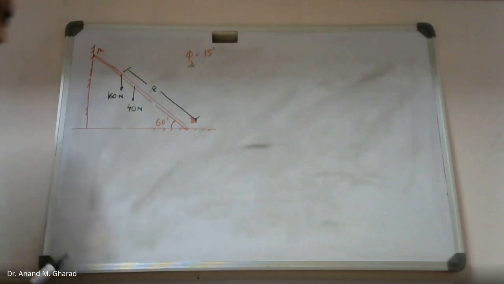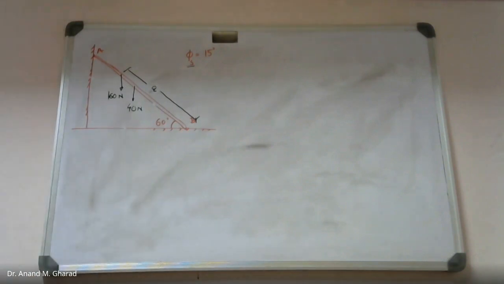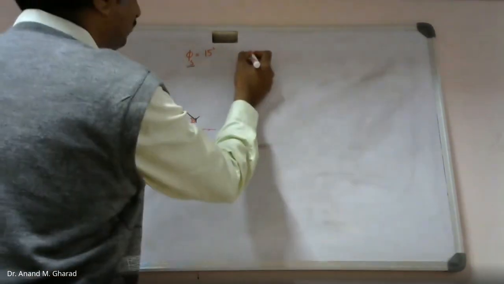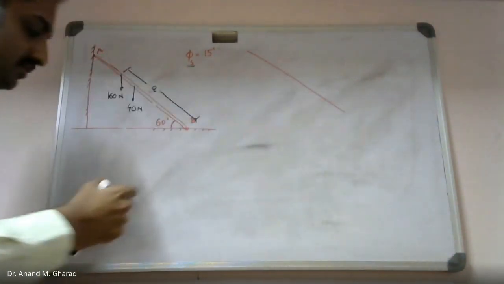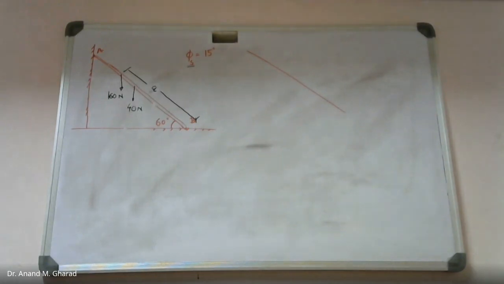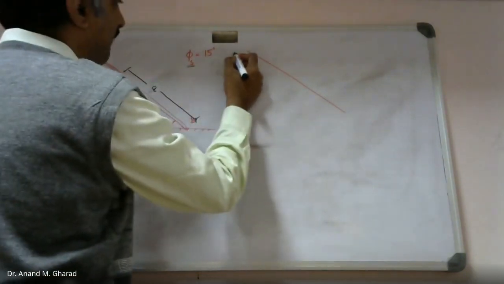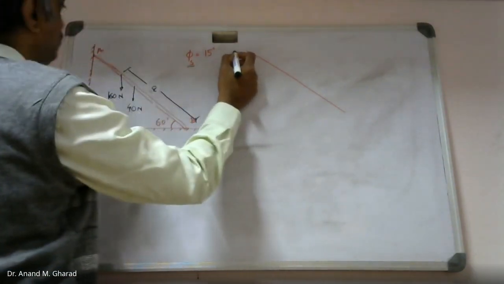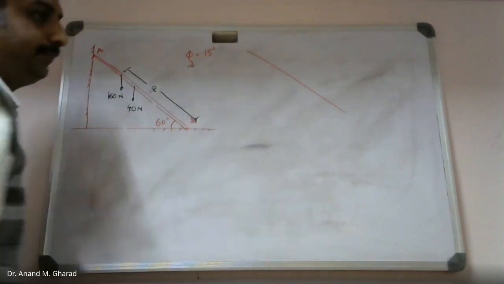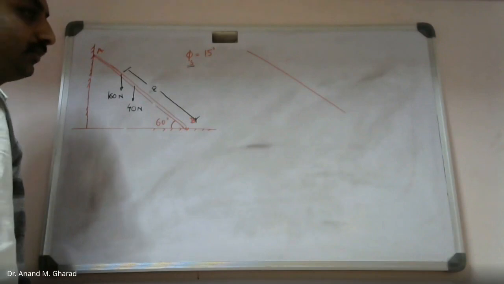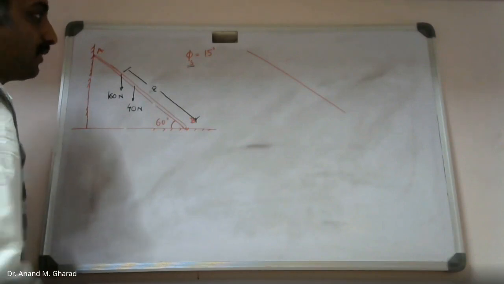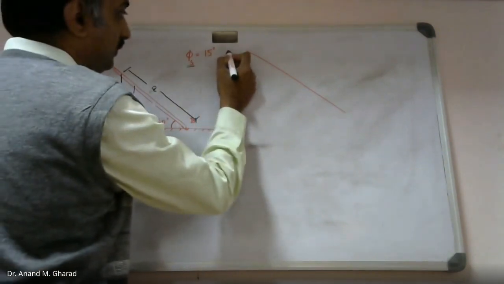Based on this, I can certainly draw the free body diagram. For the free body diagram, even if I draw this sketch, that is more than sufficient. Sketch in the sense of a single line diagram. So how many reactions do you expect at point A? Two reactions. Very good.